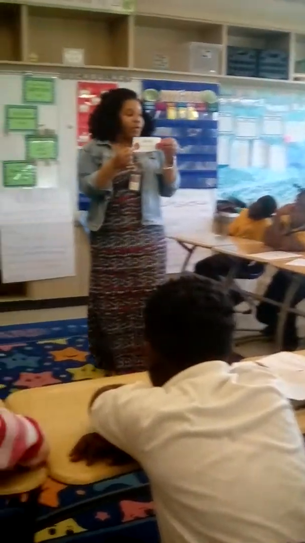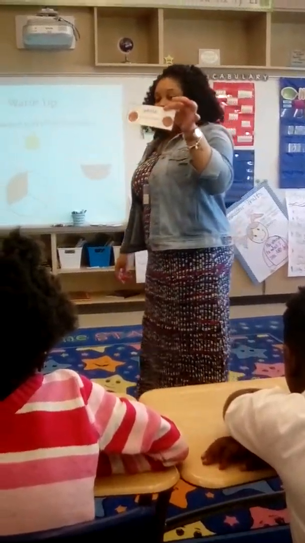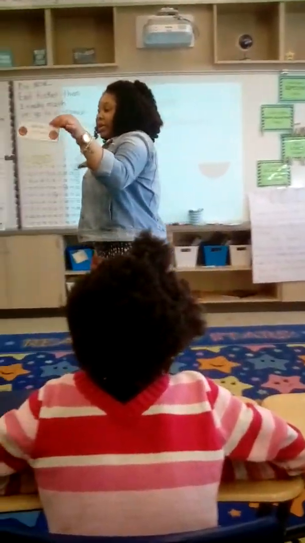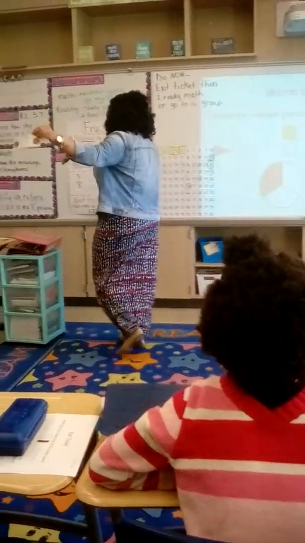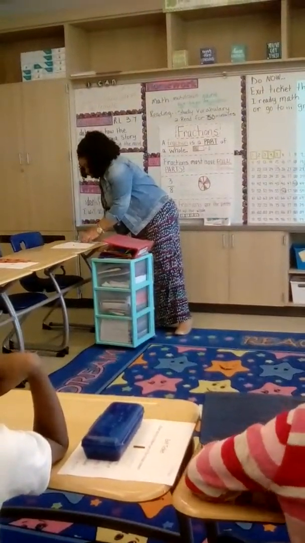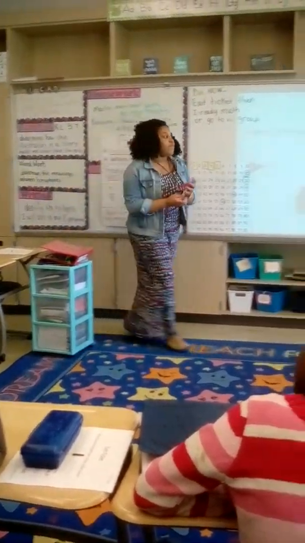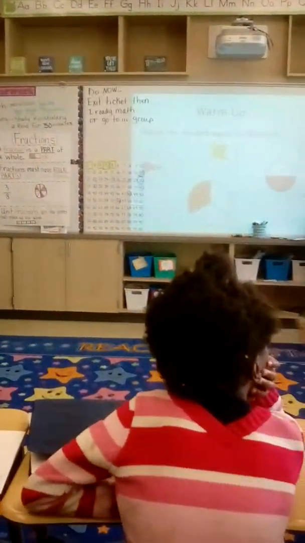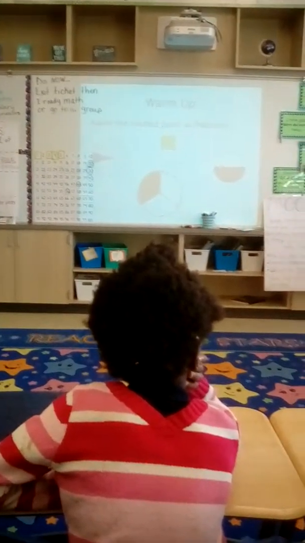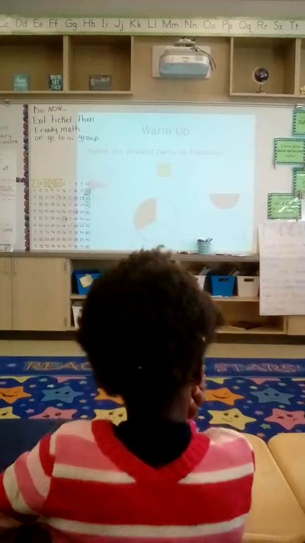If the entire portion of your fraction is shaded, then it's a whole. I know you knew those because I looked at your exit tickets, and you did very well. Let's do another quick review, and I'm going to use an expo marker.